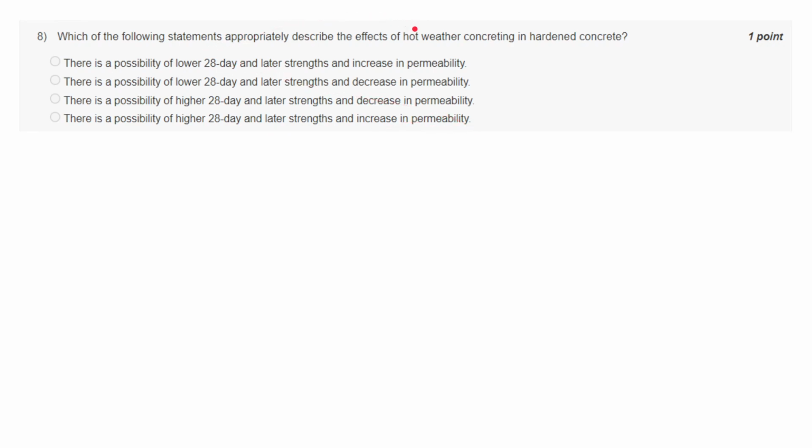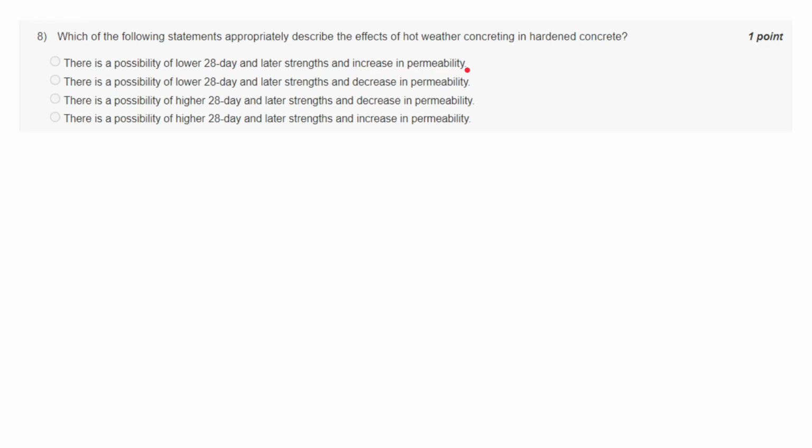So as we have discussed in the hot weather concreting definition, there is a possibility of lower 28 day and later strength as well as an increase in permeability. This is mainly because of improper water content, as well as lower hydration.